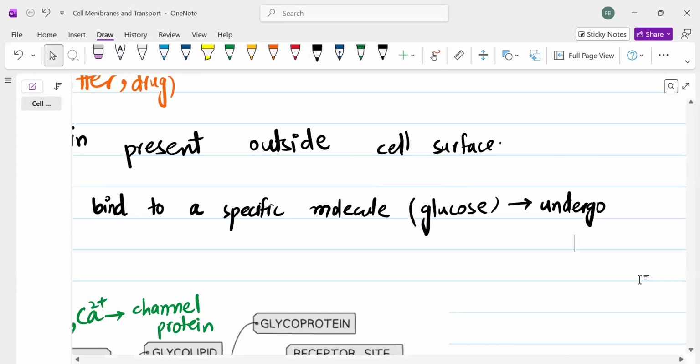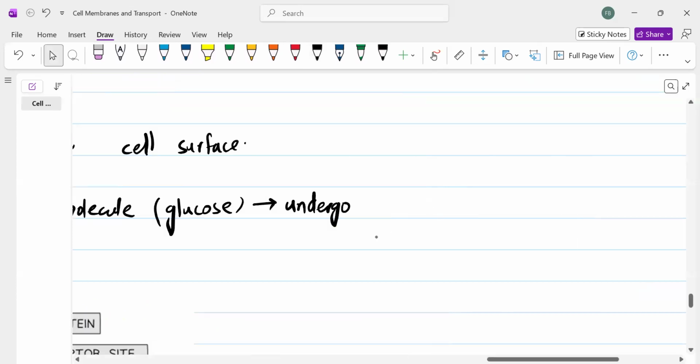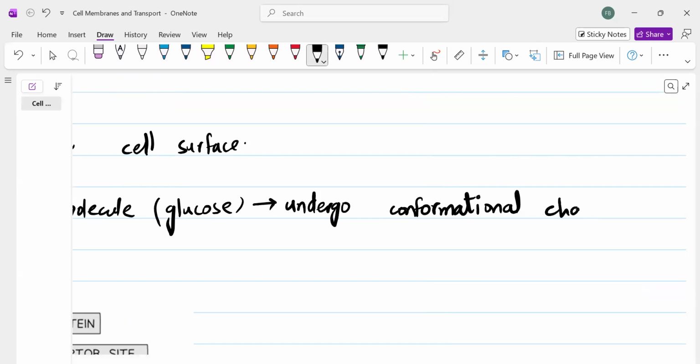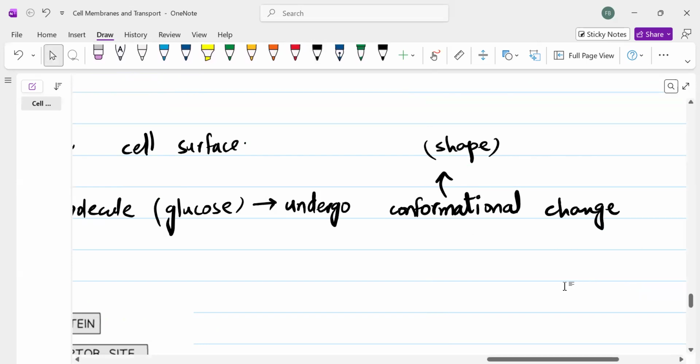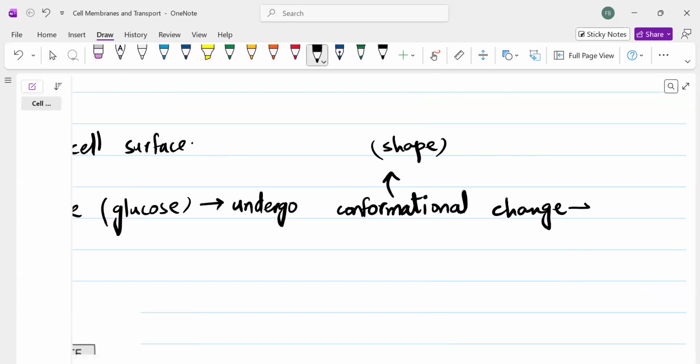Remember this thing: they cannot change the composition. This is a specific terminology we use. Conformational changes means the changes in the shape. They will undergo conformational changes so that I can write it in the next line.